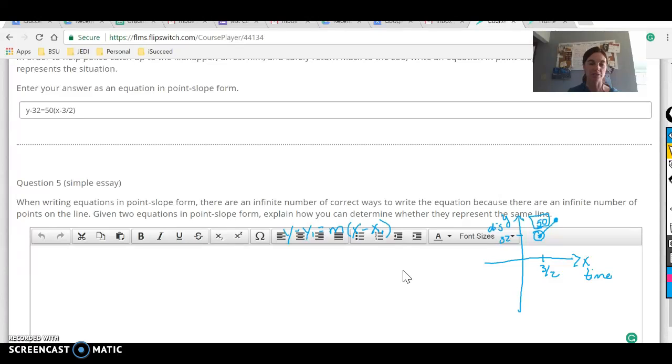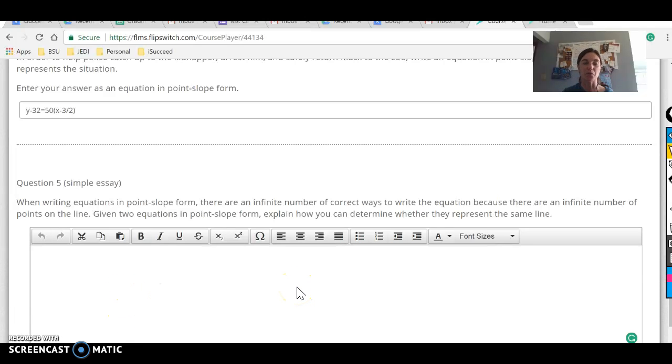All right, so last question here. When writing equations in point-slope form, there are an infinite number of ways to write the equation because there are an infinite number of points on the line. Given 2 equations in point-slope form, explain how you can determine whether they represent the same line. The way that we could determine whether or not they represent the same line is by solving for b.